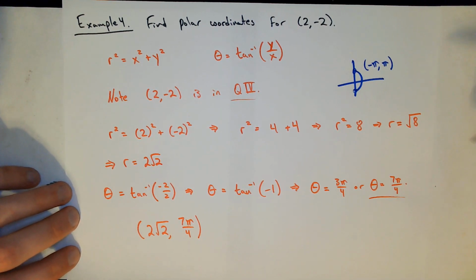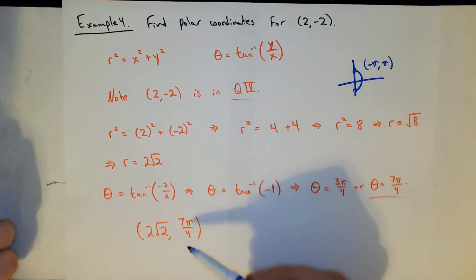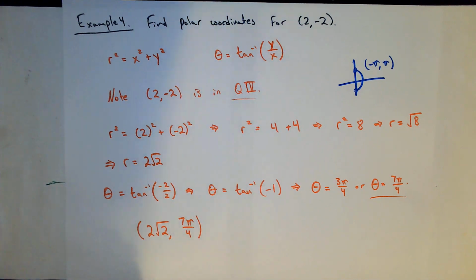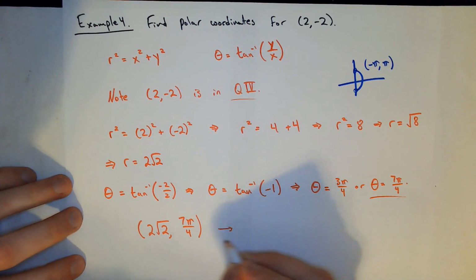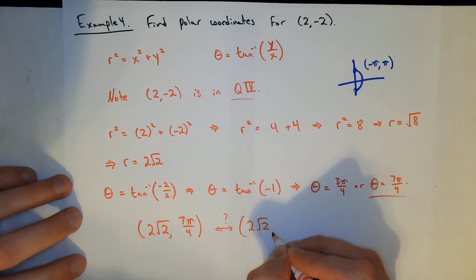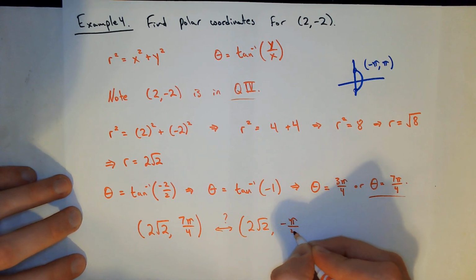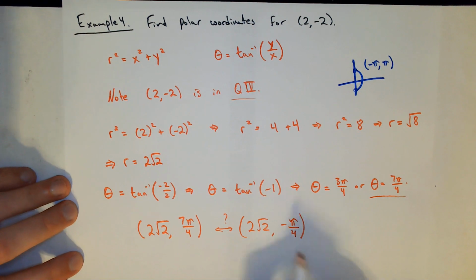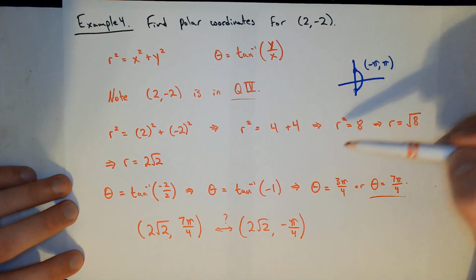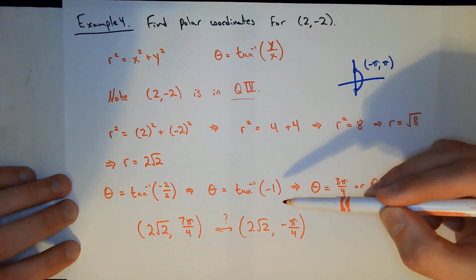So really we should describe, I mean, this isn't incorrect though. So the book says the answer is, what's the difference here? The book says the answer is this. Because they're making sure that their angle agrees with the range of the tangent inverse function.